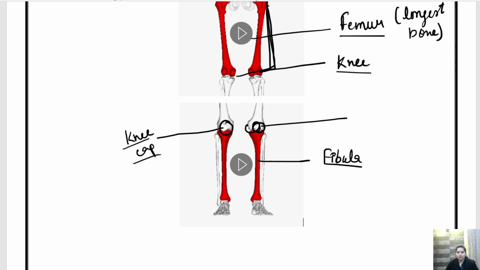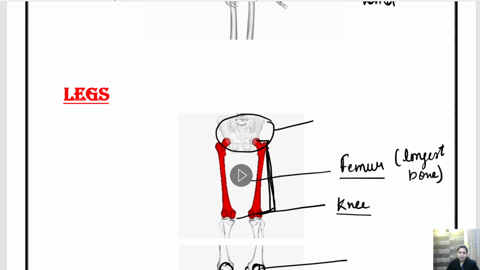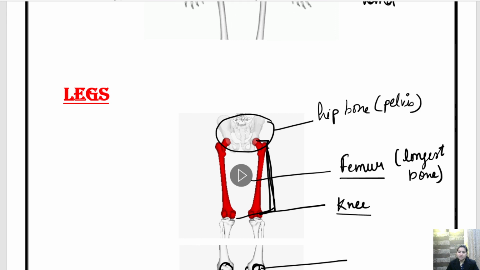Which is the longest bone? Femur is the longest bone. Okay, and this femur is attached to the hip bone. This is the hip bone, also called pelvis. Okay, now let's see the chapter.